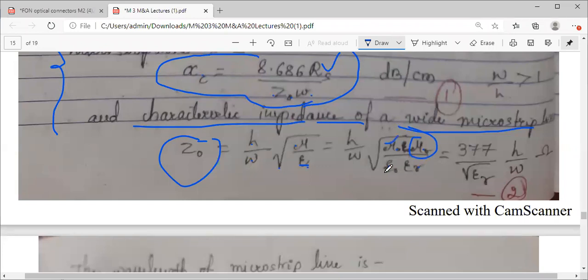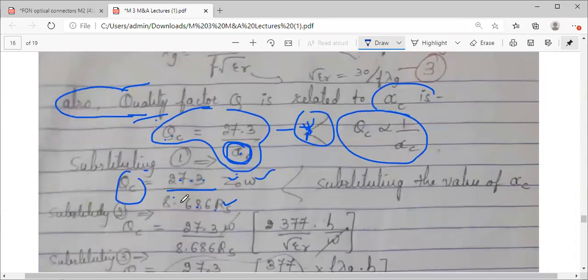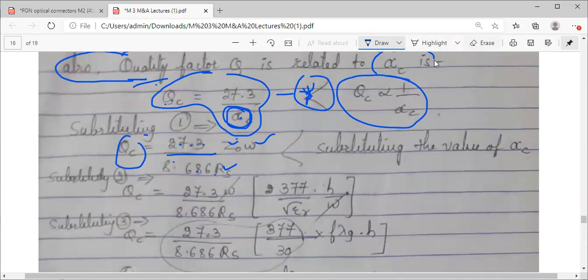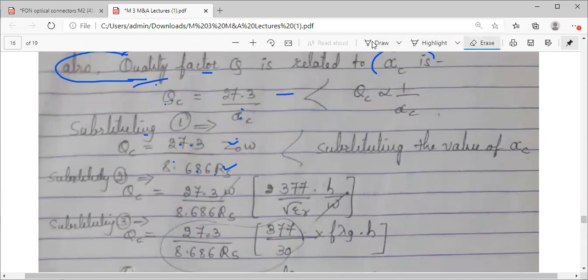So substitute mu naught, 4 pi into 10 raised to minus 7, and epsilon naught, 8.854 into 10 raised to minus 12. If you calculate, you will get 377. You get this value divided by root of epsilon r into H by W, since my medium is not air. So this is your Z naught equation. I will take this equation and substitute here.